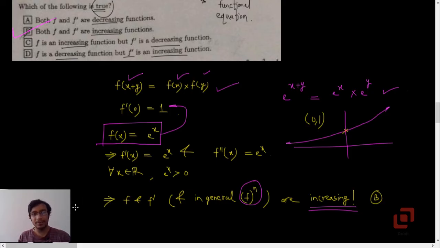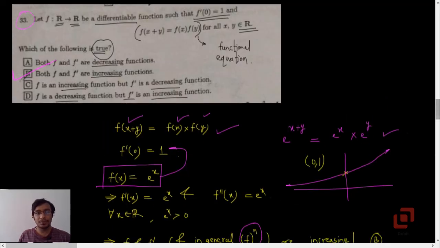Correct? So a very simple problem, but you should know what this relation means, what this functional equation means to us. Okay, if you know that, then you can easily solve this problem, and you should know the behavior of the exponential function e to the power x.